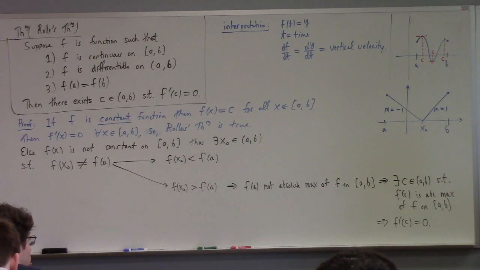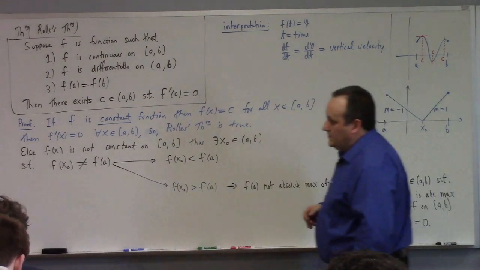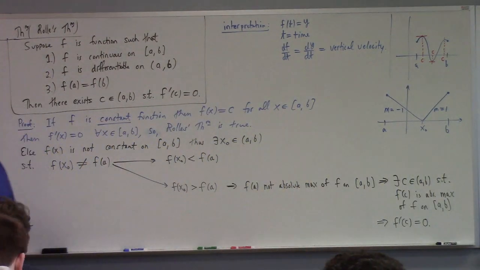So I can't apply the intermediate value theorem to the derivative function itself. But that's a good idea. Maybe if we knew the derivative function was continuous, we could do that, but I'm not assuming that. I'm just assuming differentiable, not necessarily continuously differentiable. But I should think more about what you said after class.